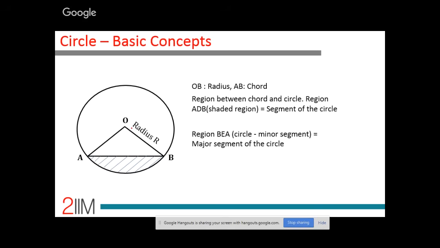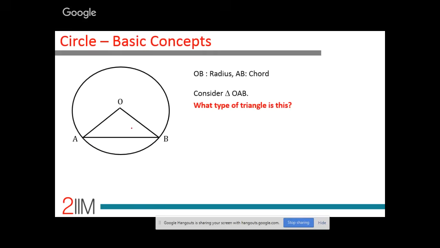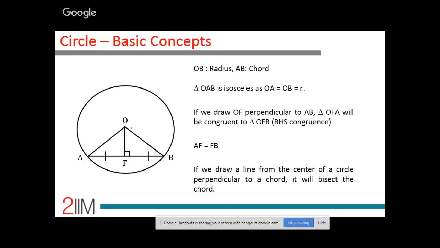If you want to draw a line to the midpoint, it will happen to be at 90 degrees. If you want to draw it to be at 90 degrees, it will happen to bisect. The third way of stating the same idea, if you draw the perpendicular bisector of a chord, it will pass through the center of a circle. You draw the perpendicular bisector of AB, it will pass through O. So 3 ways of stating the same idea, and that's very important.